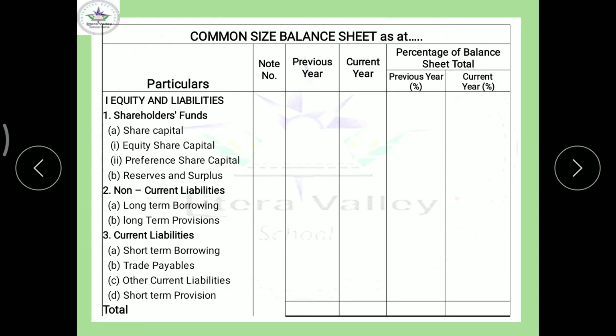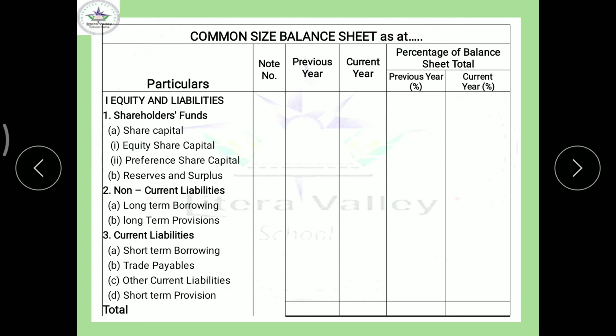So each individual component will be compared with the total of liabilities for the previous year and for the current year. For example, say here share capital is given 1 lakh, and here the total of liabilities is 10 lakh. So what percent will you have to write here? You have to write 10%.